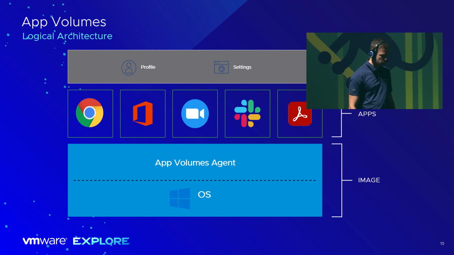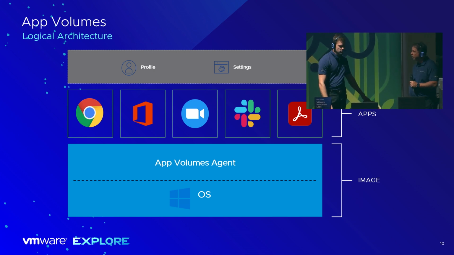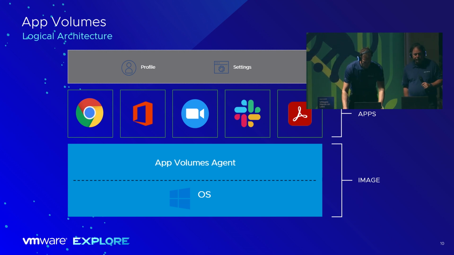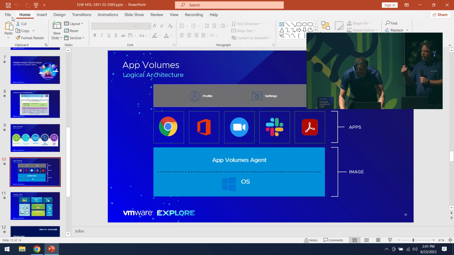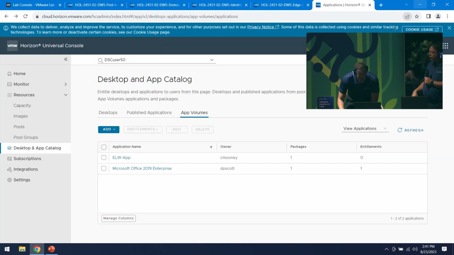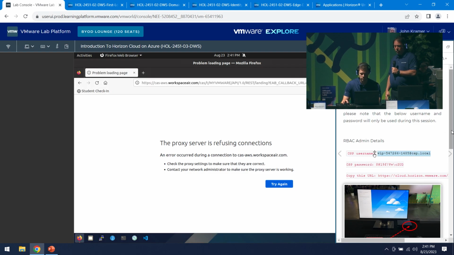Hey, do we want to have them log into the desktop and see? Yeah, that'd be great. See that live? Yep. So on that same manual page, if you scroll down, there's an additional logon.